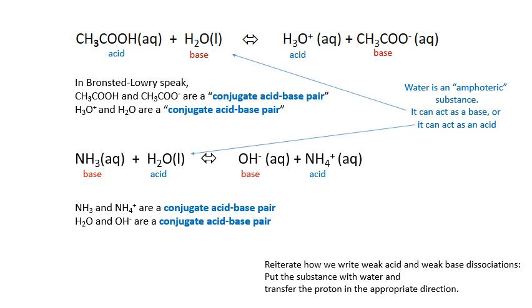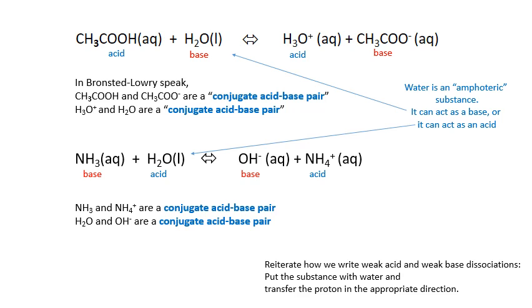One other thing to reiterate here, how do we write these reactions? We have to remember, if someone gives you a weak acid and says write the acid dissociation equilibrium for this weak acid, you put it with water and then you transfer the proton.